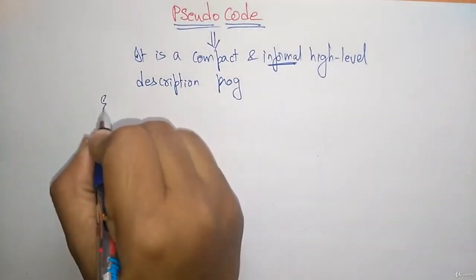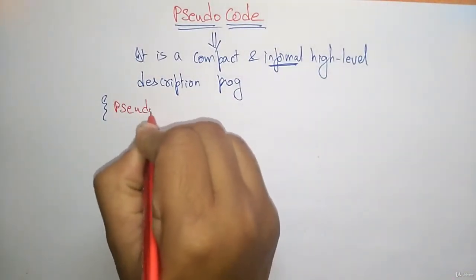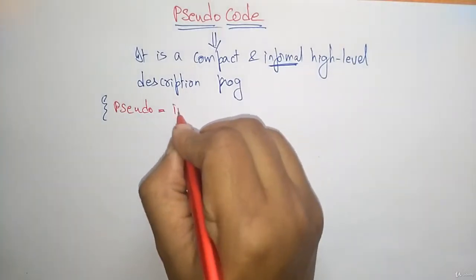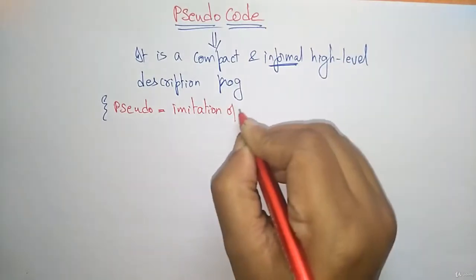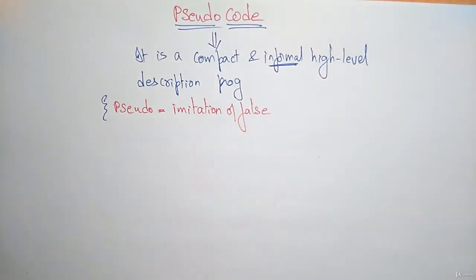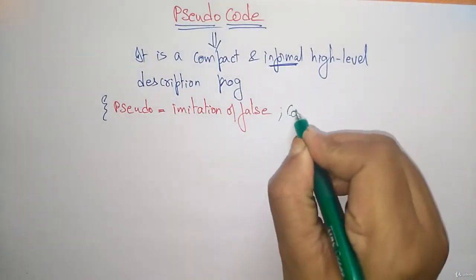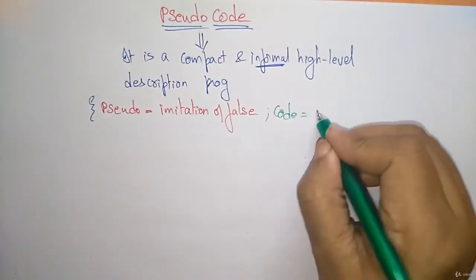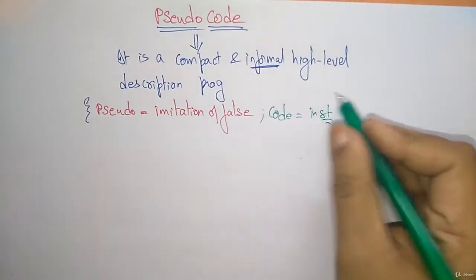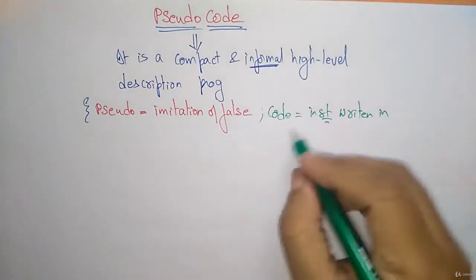That means here the name pseudo means imitation or a false state. It's just imitation or false, that you call a pseudo. Whereas code refers to the instructions written in a programming language.